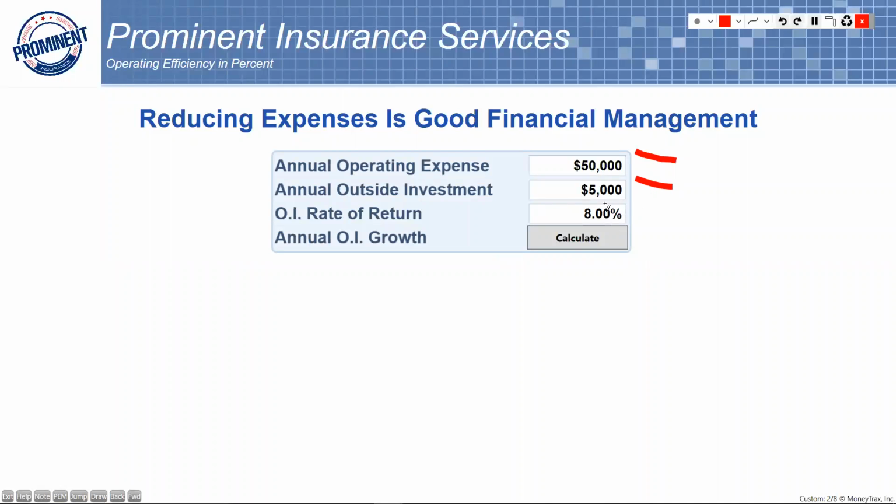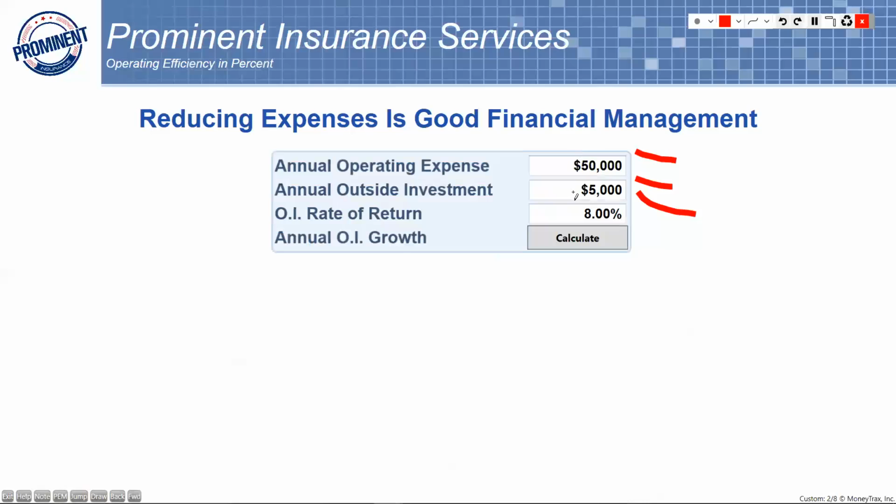And on that investment, you get an 8% return, which is moderate, nowadays very aggressive. You get an 8% return on the $5,000 you invest annually, wherever you invest it, whether it be the market, real estate, or notes.